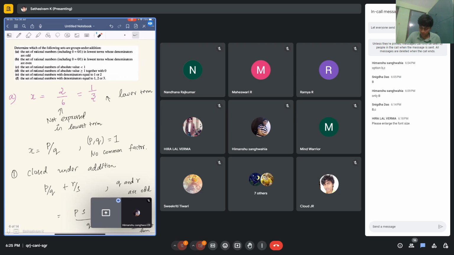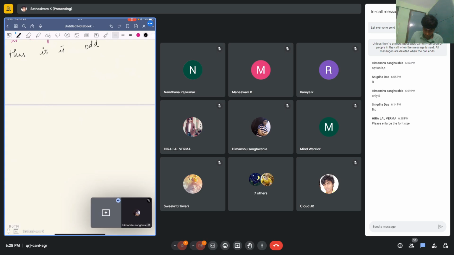So now we have done the closure. Let's look at the other things. What is the second thing we need to do? The second thing is associativity. Is this associative?